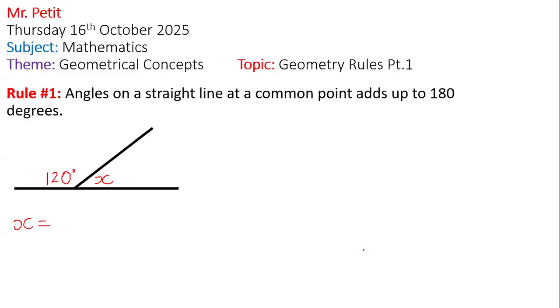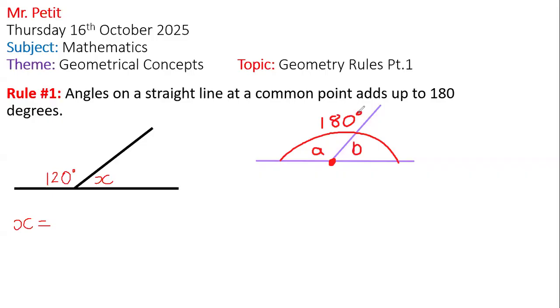You explained that perfectly. Remember we said that if we're on a straight line, and we are at a common point on the straight line, say our common point is here, and this is A and this is B, that means this whole thing, A plus B, is going to be equal to 180 degrees, right?